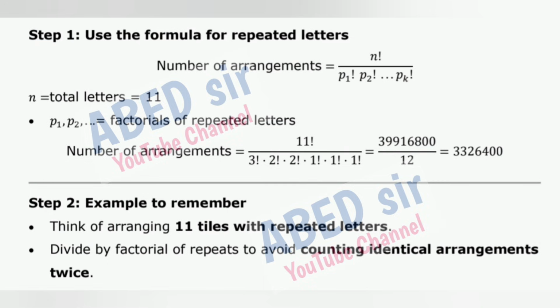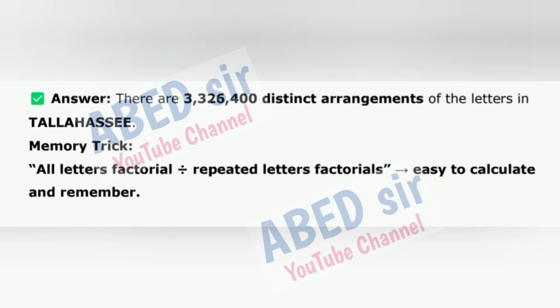Think of arranging 11 tiles with repeated letters. Divide by the factorial of repeats to avoid counting identical arrangements twice. Answer: there are 3,326,400 distinct arrangements of the letters in Tallahassee. Memory trick: all letters factorial divided by repeated letters' factorials, easy to calculate and remember.